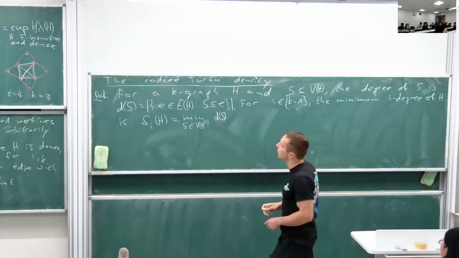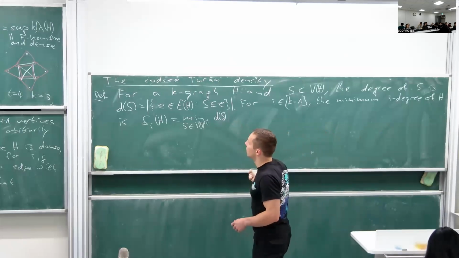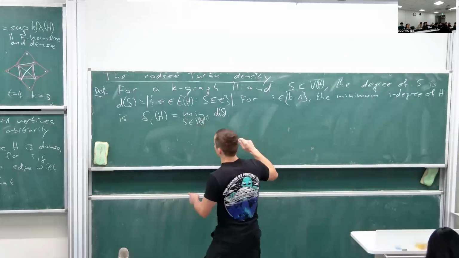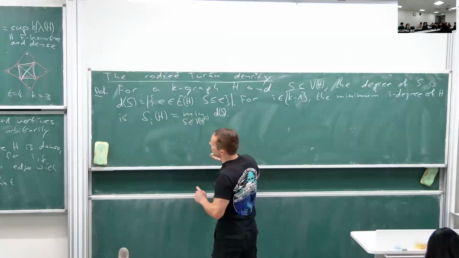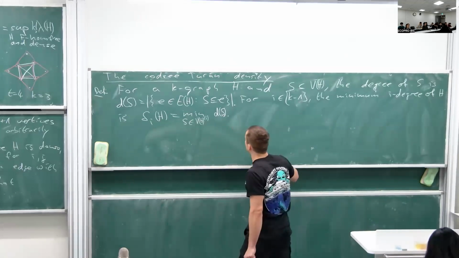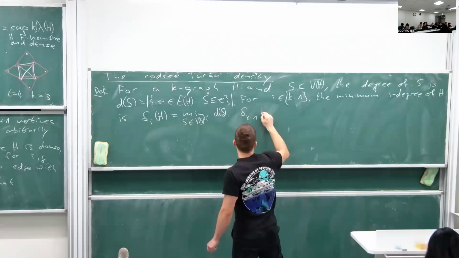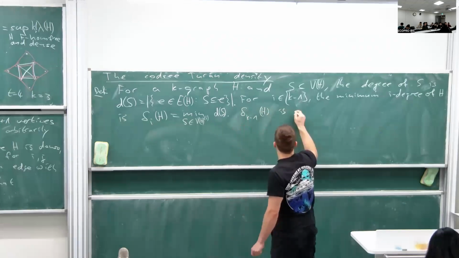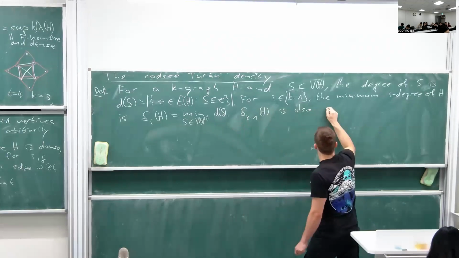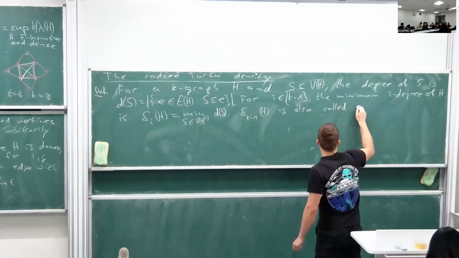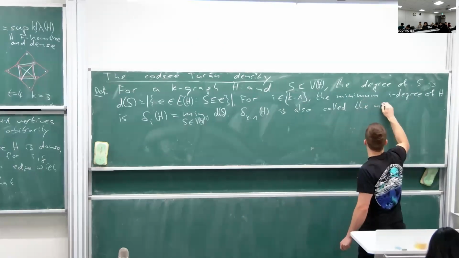Okay. So the codegree is now just this for k minus 1. So delta_{k-1}(H) is the minimum codegree.